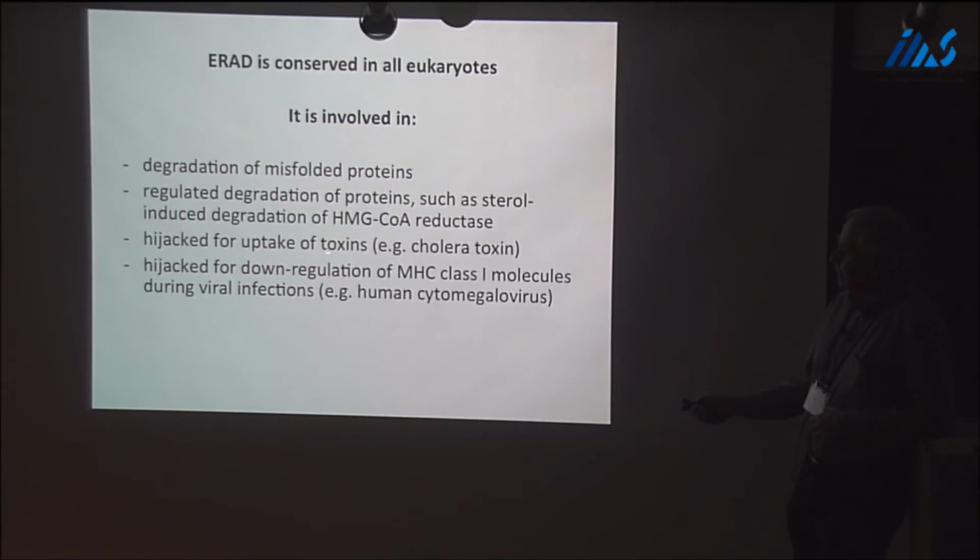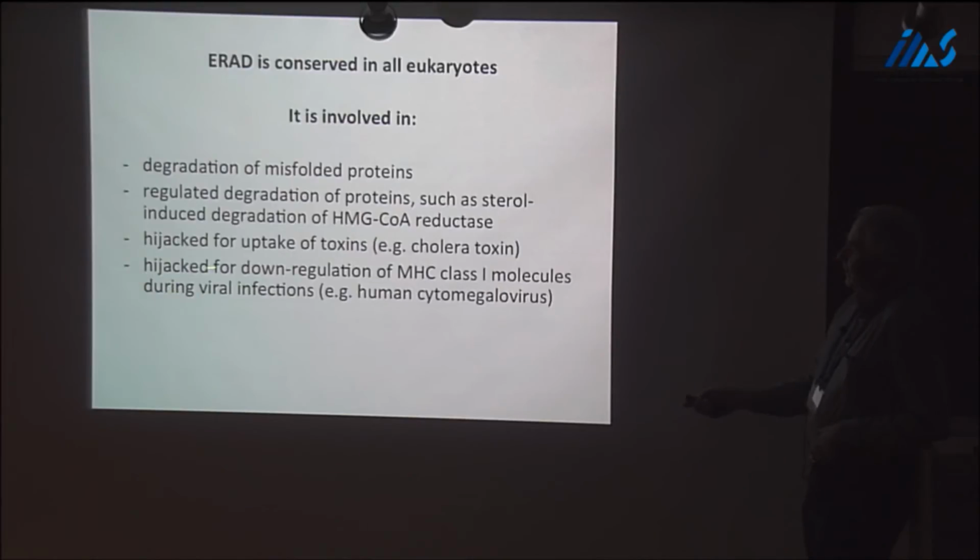The process is also hijacked by certain toxins, for example, cholera toxin. Cholera toxin binds to the surface of a eukaryotic cell, then moves backwards along the secretory pathway until it arrives in the ER, and then a portion of the toxin moves across the ER membrane into the cytosol, where it does its bad thing inside the cell, so you get chloride and water secretion and diarrhea.